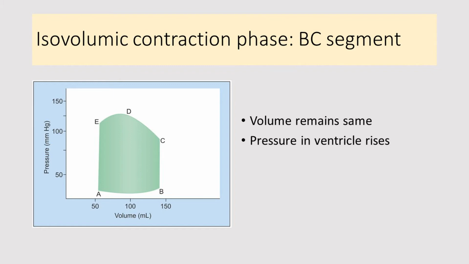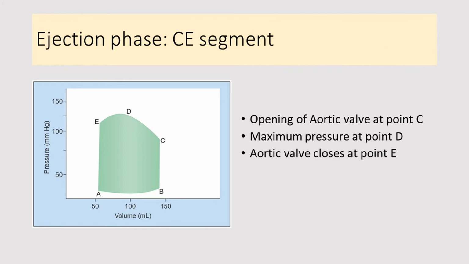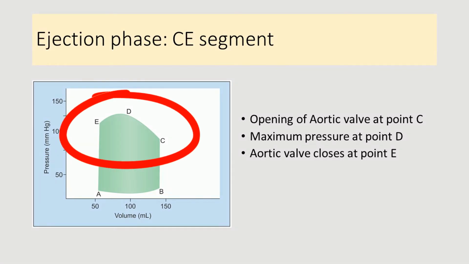Now at the end of the isovolumic contraction phase, at point C, the aortic valve opens, and the opening of the aortic valve leads to ejection of blood from the ventricles into the great vessels. So the segment CE shows the ejection phase of the ventricle, during which blood flows into the great vessels.